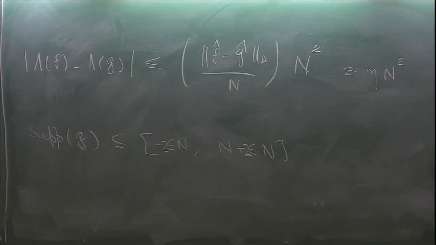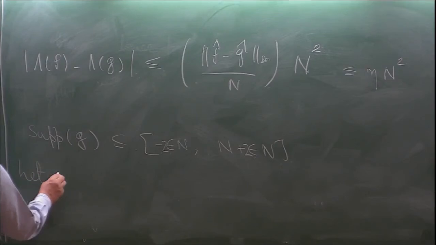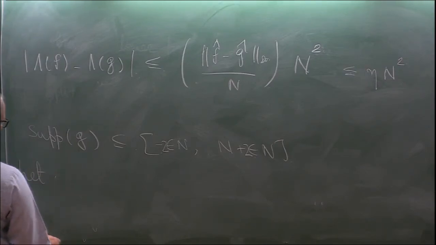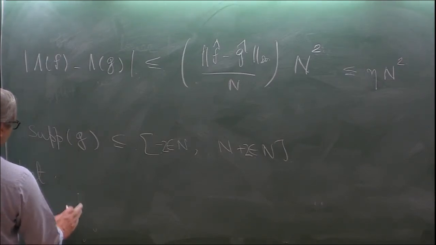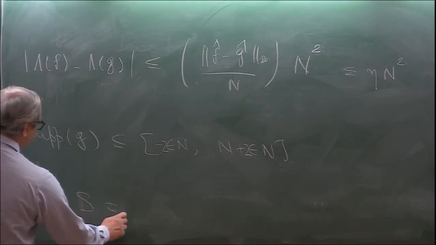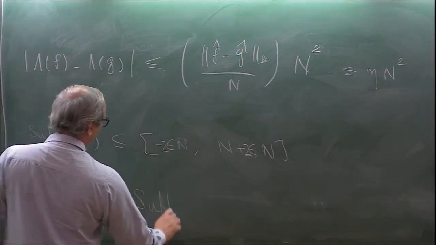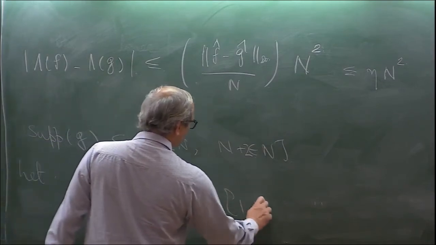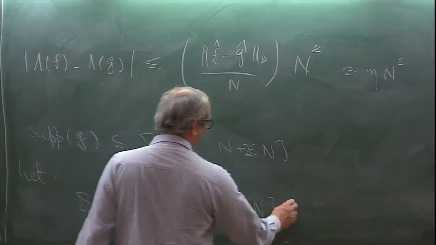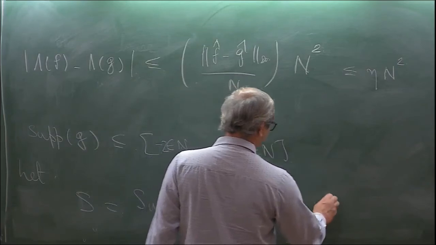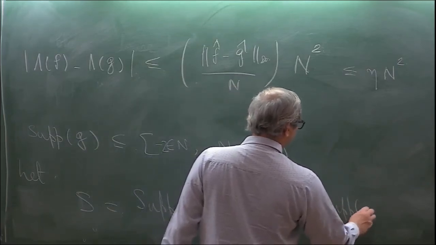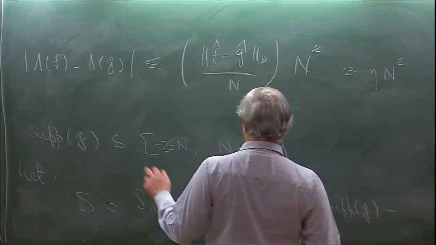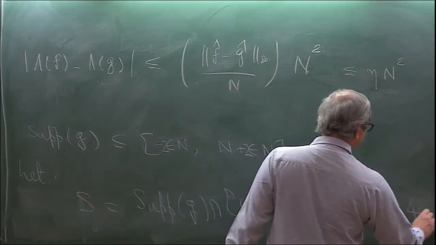So instead of taking the support of g, we'll let S now be the intersection of the support of g with 1 to n, which would have greater cardinality than the support of g minus 4 times epsilon n.